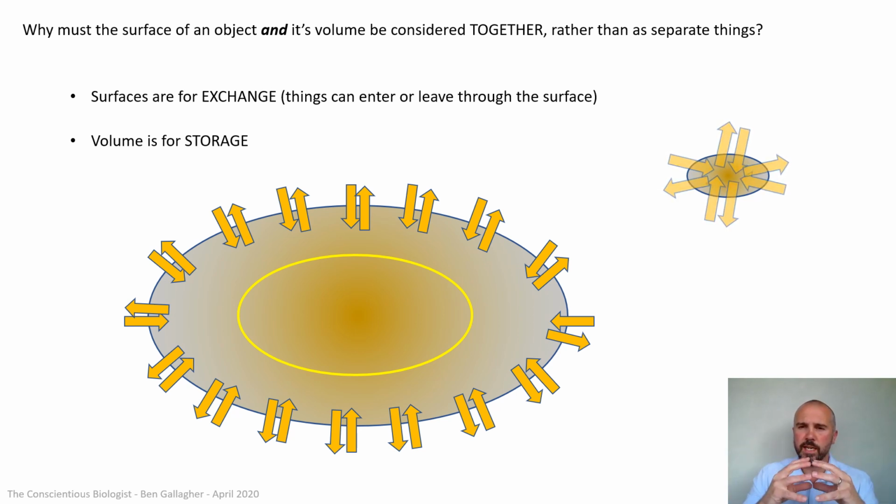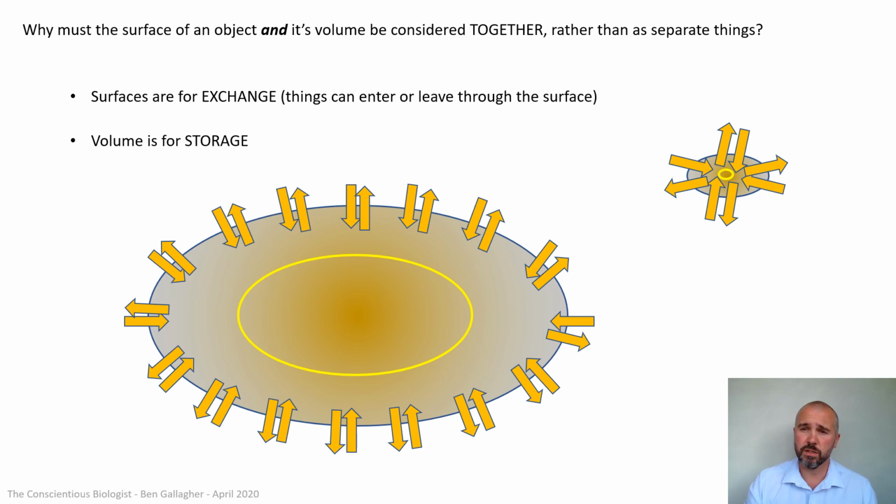There's things moving in and out of it all over, moving quite deep into that cell. So this cell can exchange things really quickly because the movement can get deep into the cell and they can pull things out from deep inside the cell, because deep inside the cell isn't very deep at all because it's very small.